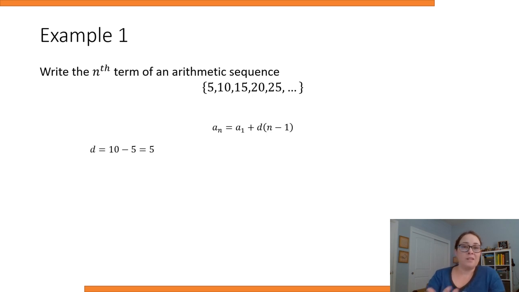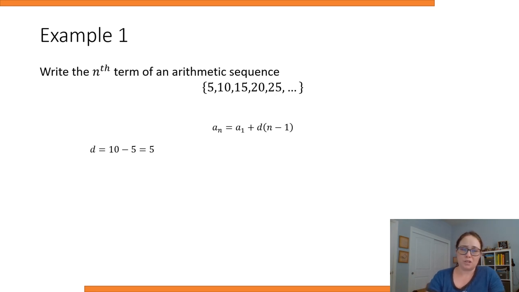Now, it might be that the common difference is obvious, like it was here, we could pretty clearly see, oh, we're just adding 5 each time. If it's less obvious what it is, you can find the common difference by taking any two consecutive terms, so any two that are back to back in your sequence, and taking the difference. Take the later one minus the one before it, and it will give you the common difference.